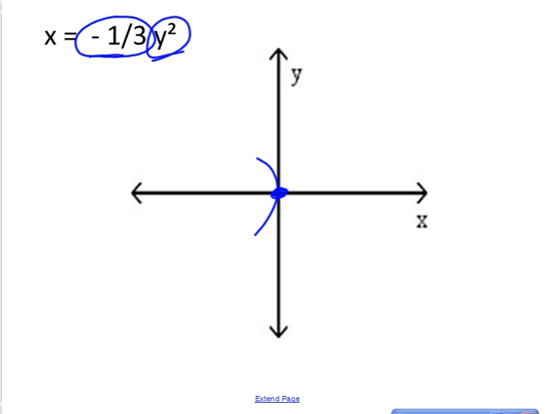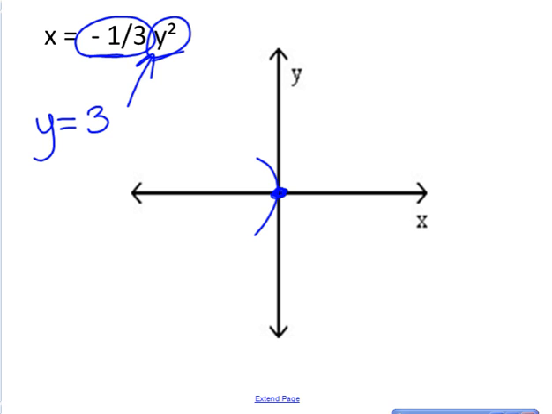So to figure out how wide or narrow that parabola is, I'm going to choose a value to plug in. Now, last time we picked a value for x. This time I'm going to pick a value for y. Doesn't matter. And in fact, I'm not going to choose 1. I'm going to choose, actually, 3.